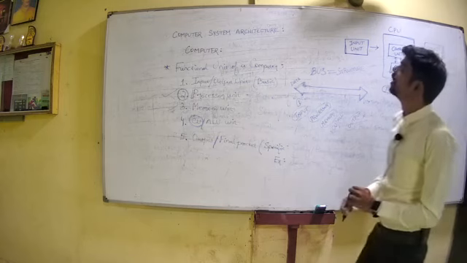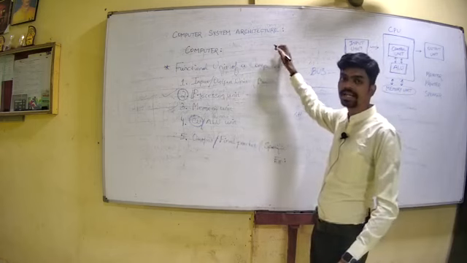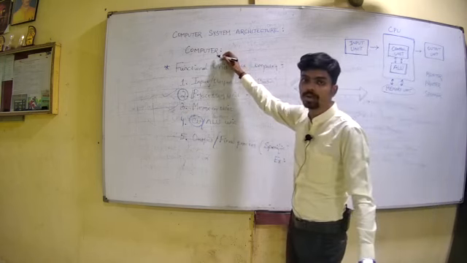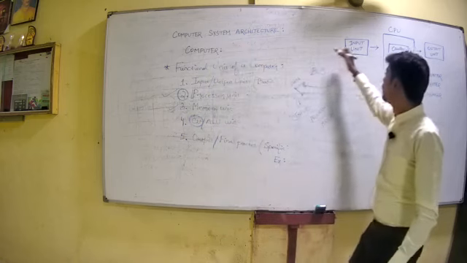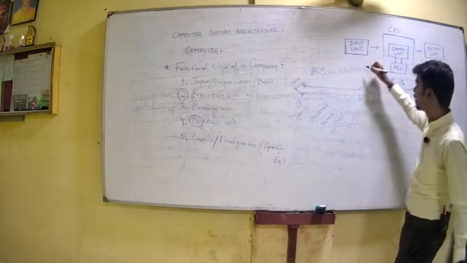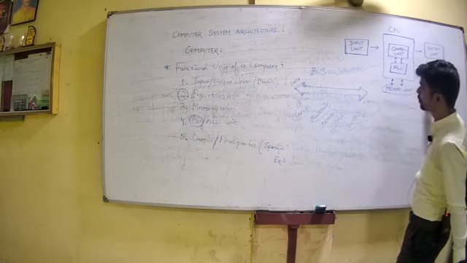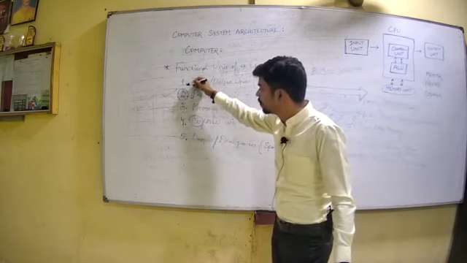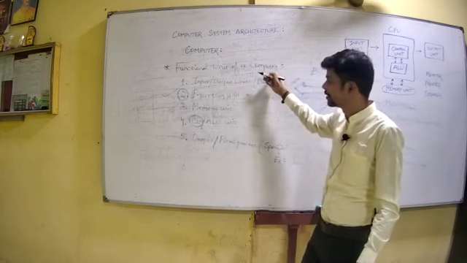So, from the starting lecture, we came to know that in computer system architecture, we first came to know the definition of computer in simple language. Now, after knowing the definition, we came to the block diagram of a computer. After the block diagram, we found out that there are 5 types of functional unit inside a computer.